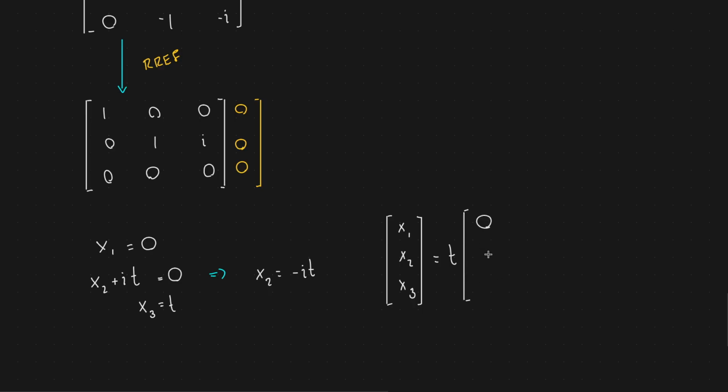And I get the vector 0, negative I, 1 that I'm going to scale by multiplying by t.